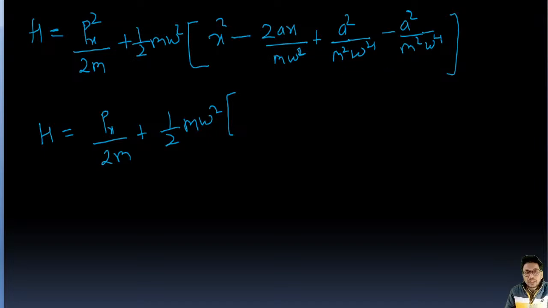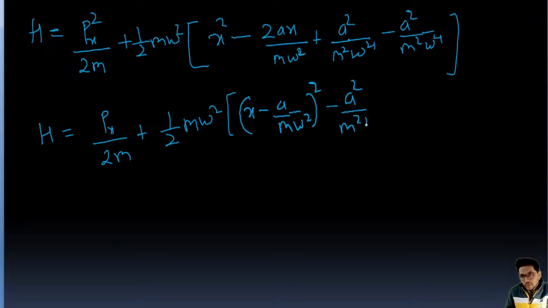Okay, understand this. So this is going to be x minus a upon m omega square, whole square, minus a square upon m square omega to the power 4. We can write this, right?